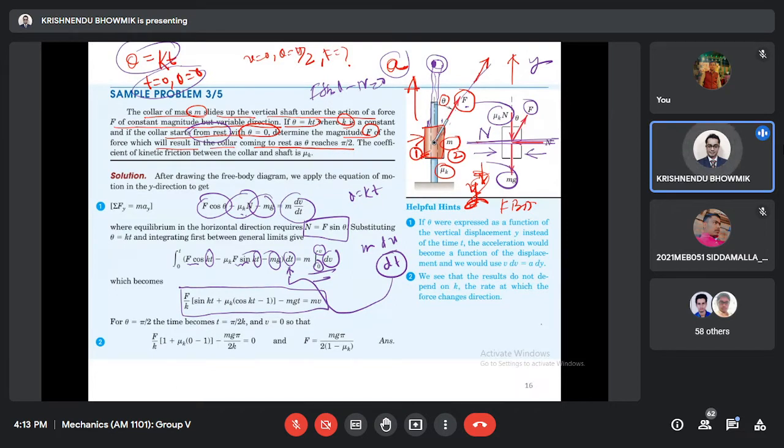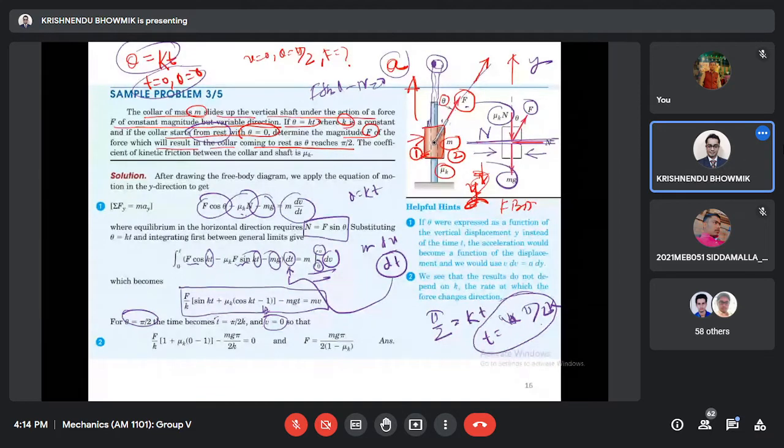Now next is, if this is the expression, if somebody wants to put v equal to 0 when theta equal to pi by 2, so theta equal to pi by 2 equal to kt, then corresponding t equal to, I'm doing a mistake here, pi by 2k.